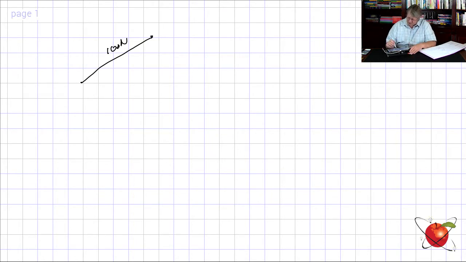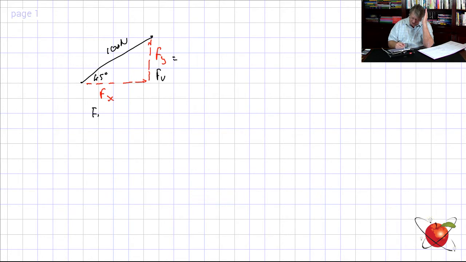Then I said, okay, remember we split this into the horizontal, Fx, and Fy, the vertical component. We then said, let this be 45 degrees over here. Now, Fy, the vertical component, you could use Fv and Fh if you like.